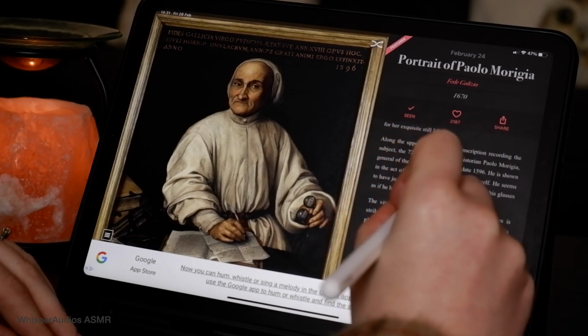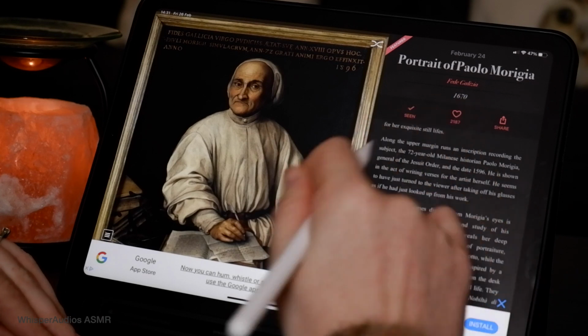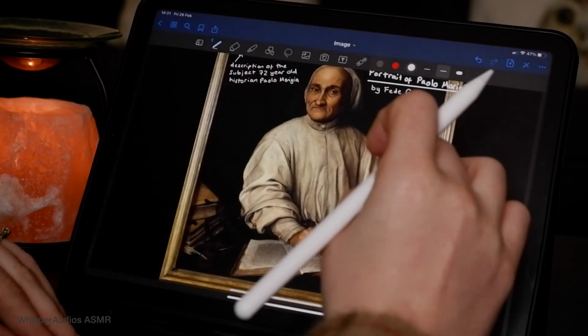He seems to have just turned to the viewer after taking off his glasses, as if he had just looked up from his work.